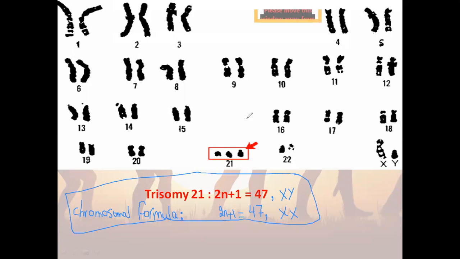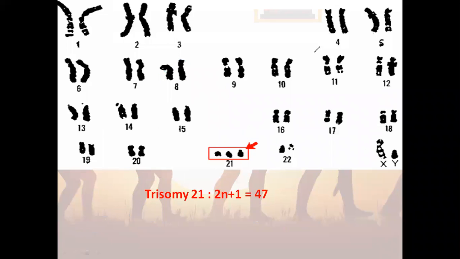In this case we have three chromosomes in the pair number 21, so we have trisomy 21. Maybe we're going to have three chromosomes in the pair 18, so it's trisomy 18, or in the pair 8, so it's trisomy 8, and so on. Maybe sometimes we're going to have a missing chromosome, so it's not a trisomy, it's a monosomy.